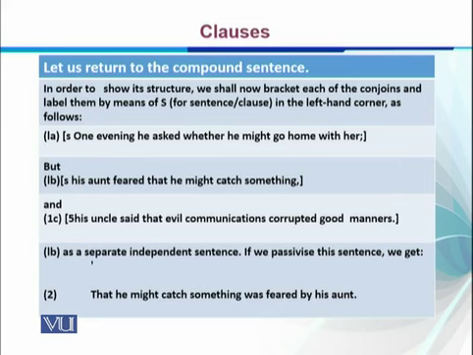So for example, if we take the B clause, "his aunt feared that he might catch something," it can become "That he might catch something was feared by his aunt." So we can use that embedded clause, a constituent of the main clause "his aunt feared," and make it a passive sentence as well, to see whether it is a constituent or not.